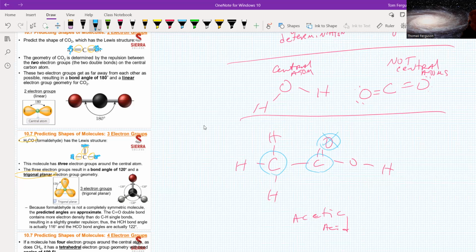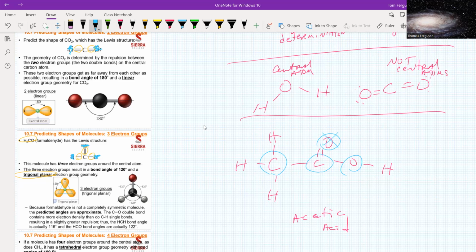What about this oxygen here? Yeah, because that oxygen has two bonds. The hydrogens, by definition, can never be a central atom because they can only have one bond.